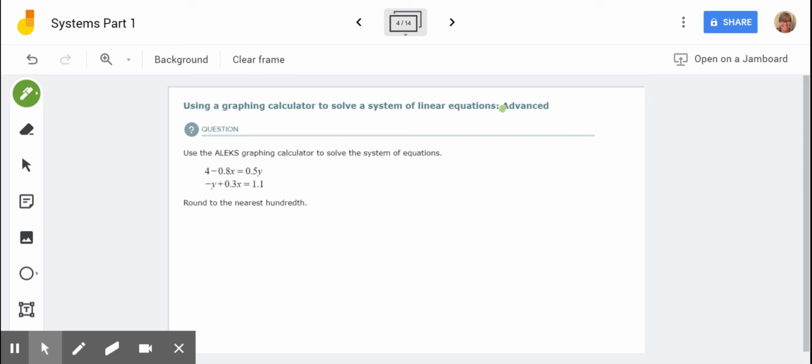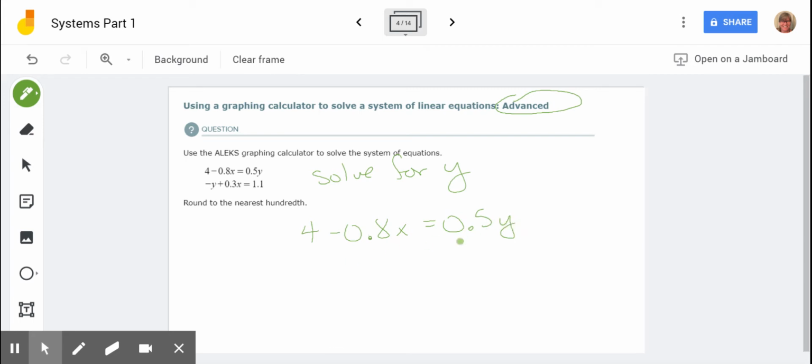This is advanced. It says using a graphing calculator, it's advanced because you probably need to solve for y first. If you solve for y, it's going to look like this. 4 minus 0.8x equals 0.5y. Well, you just got to get the y by itself.